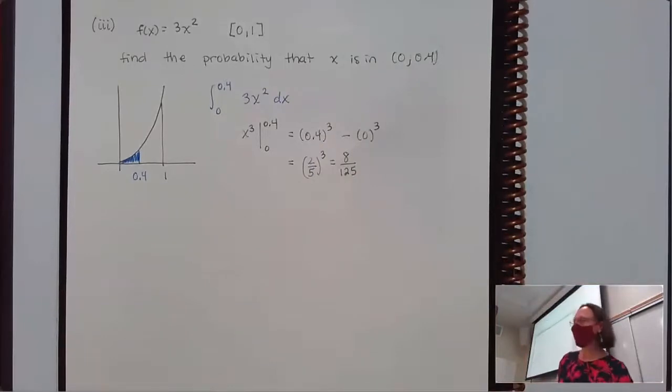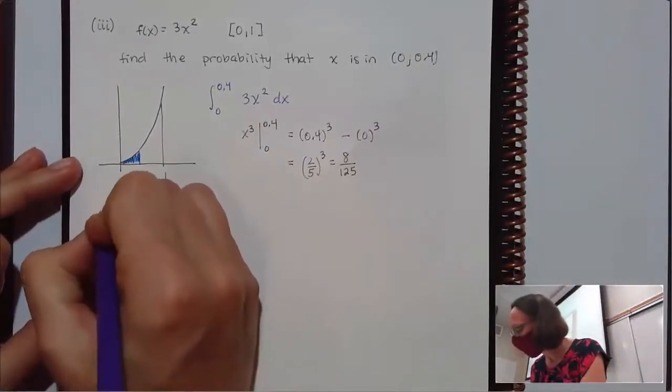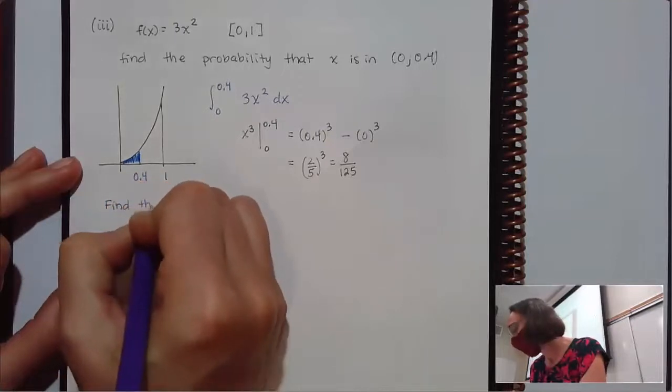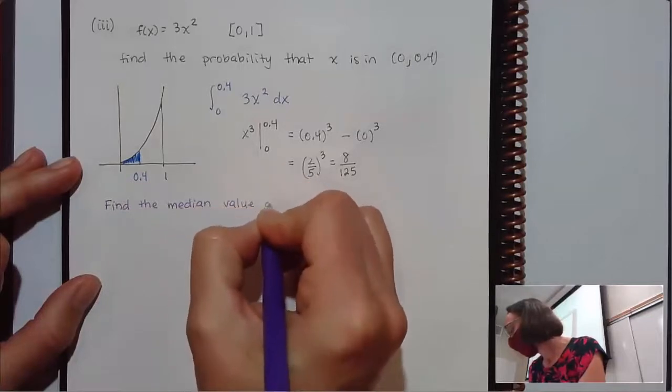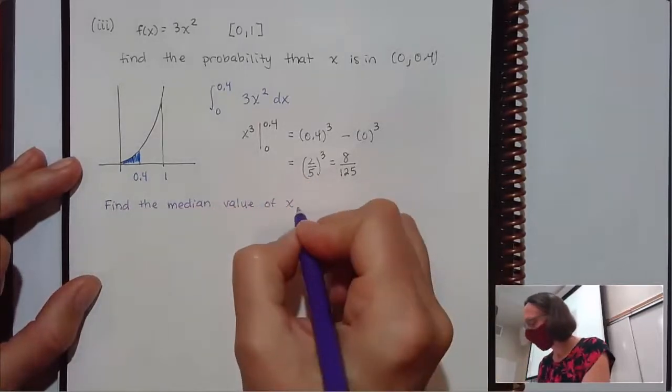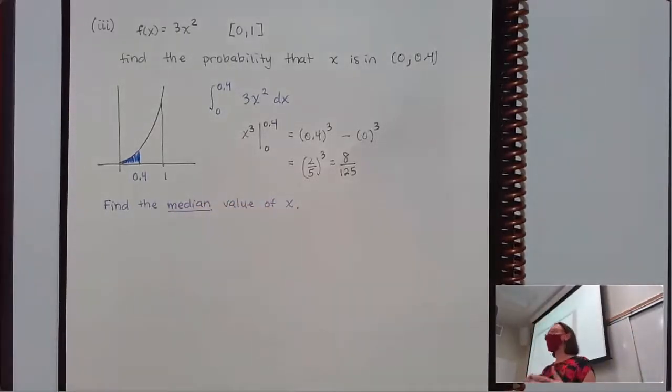But this question didn't ask us for this, but let's make it a choose your own adventure and pretend that we were asked to find the median value of X. So that word median means we're looking for the place where exactly half of the area is below it and half of the area is above it.